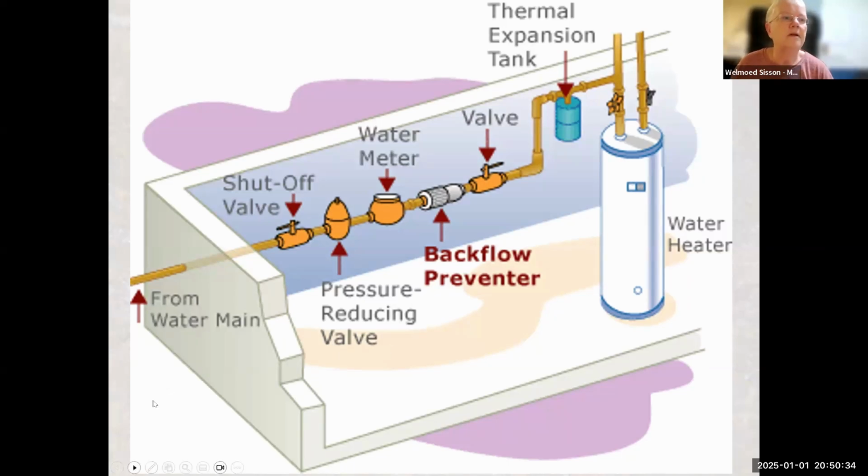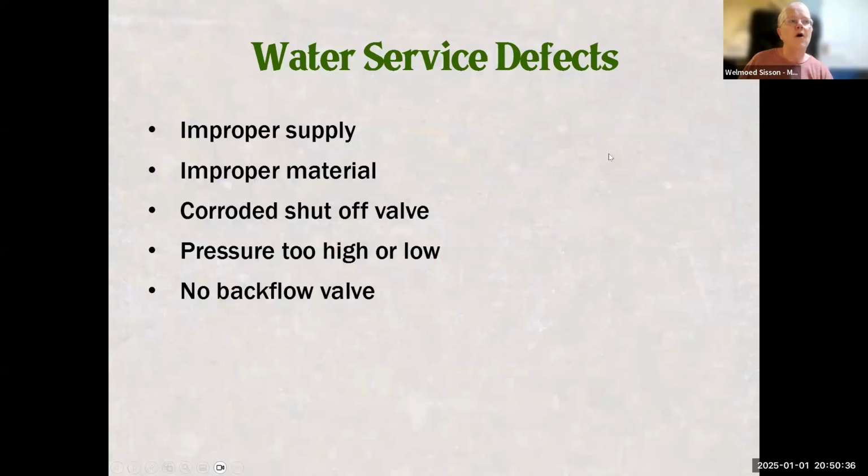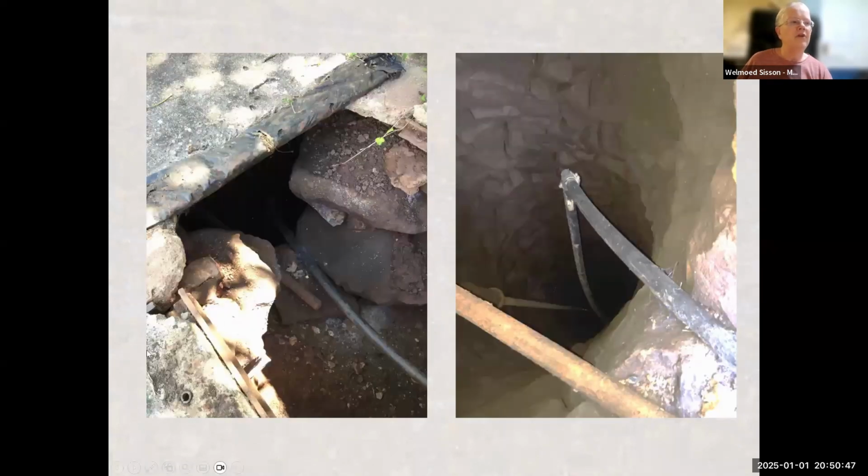Let's see here. So defects in your water service: improper supply material, corroded valves, all of these are defects that we find. I had never seen a dug well on a property, but this was a 2-pipe dug well. The pump was in the basement or the cellar of the house.